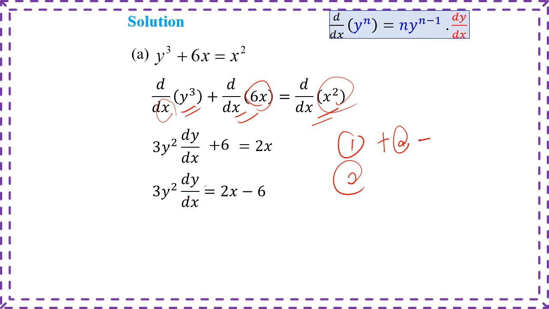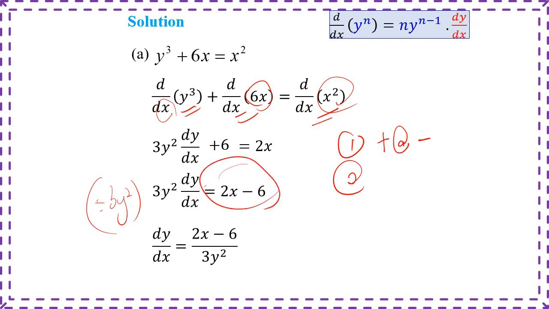So what you need to do is divide everything by 3y squared. So on the left side, we are only left with dy dx. On the right side, we divide everything, which is 2x minus 6, by 3y squared. So this is our final answer for the dy dx.